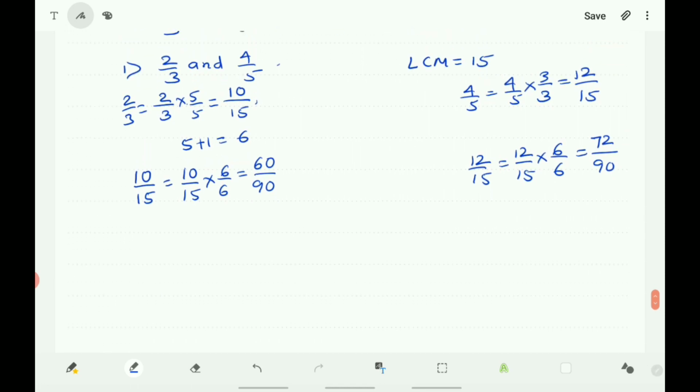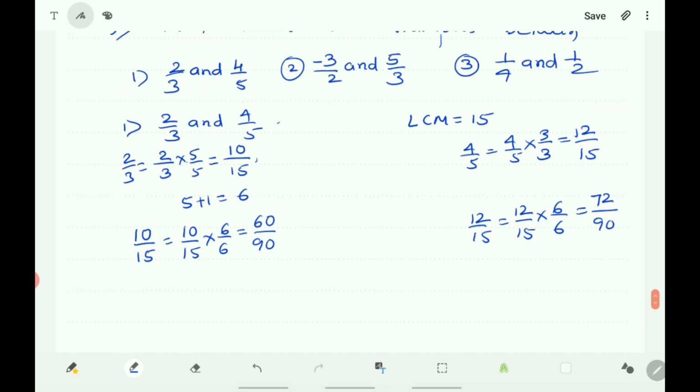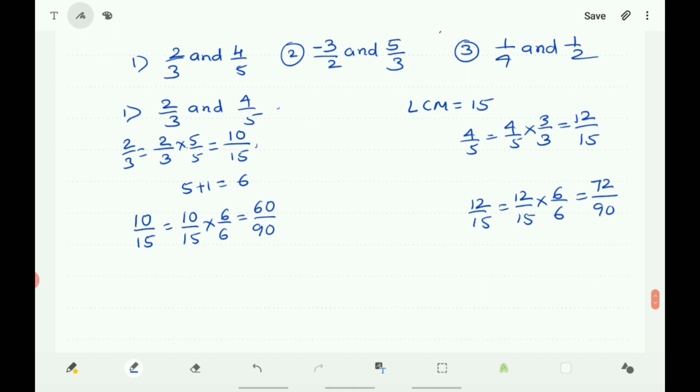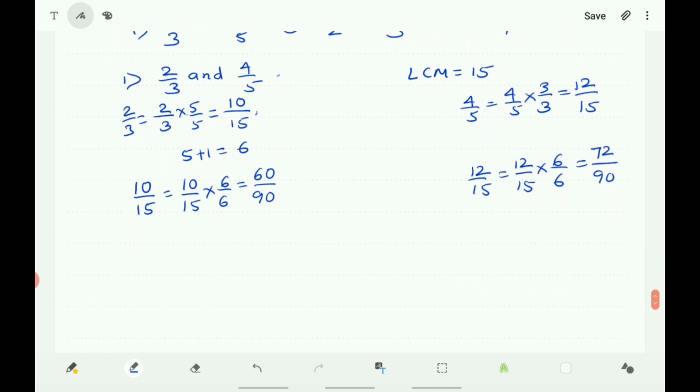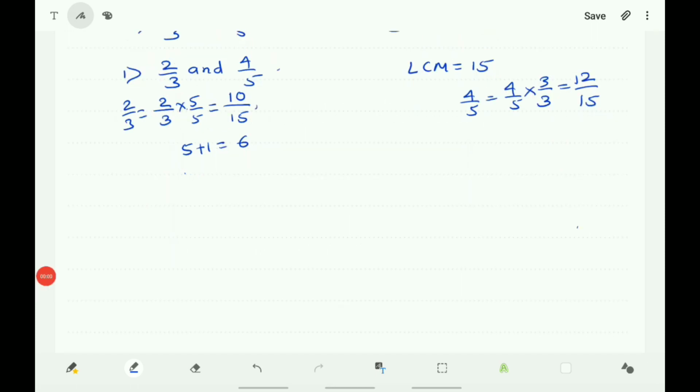Then the rational numbers between 60 by 90, which is nothing but 2 by 3, and 72 by 90, which is nothing but 4 by 5. You can write, you take 10 by 15, that is equals to 10 by 15 into 6 by 6, that becomes 60 by 90.